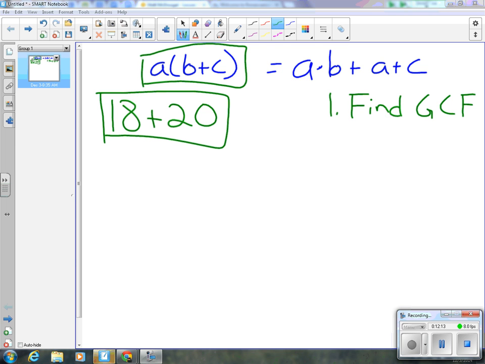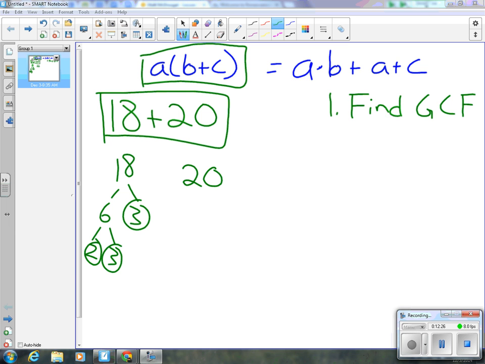So in order to find the greatest common factor of 18 and 20, we need to use factor trees. 18 is going to be what? 6 and 3 and 2 and 3. And 20 is going to be 10 and 2 and 5 and 2.